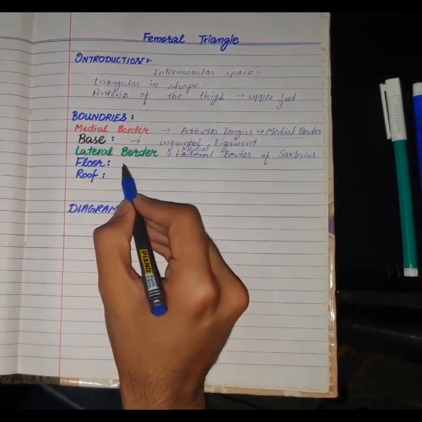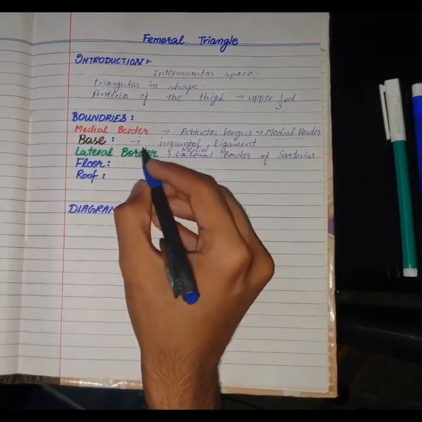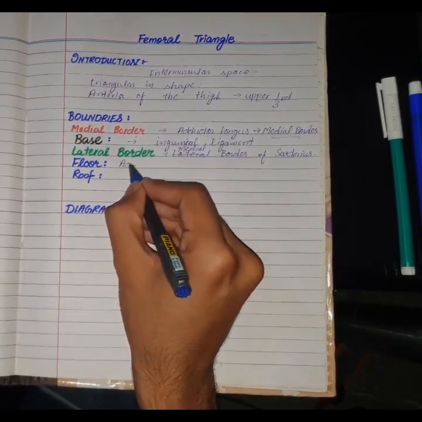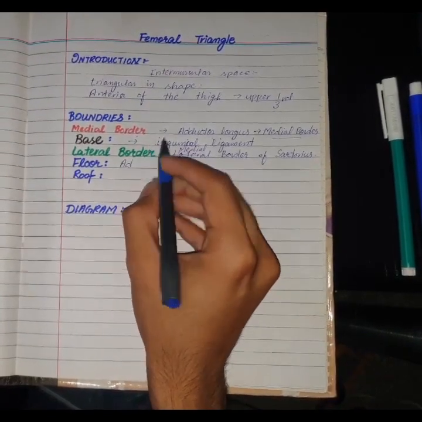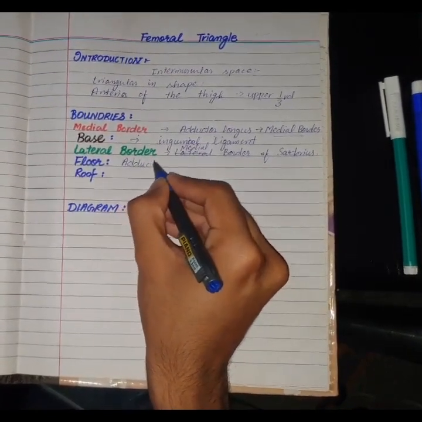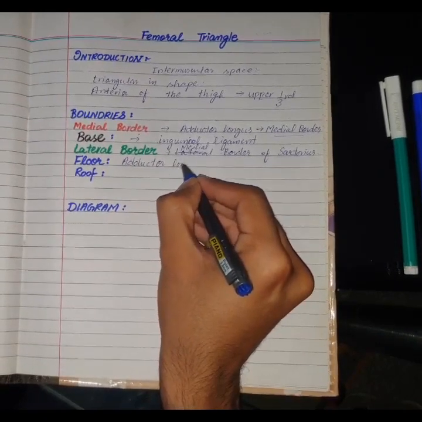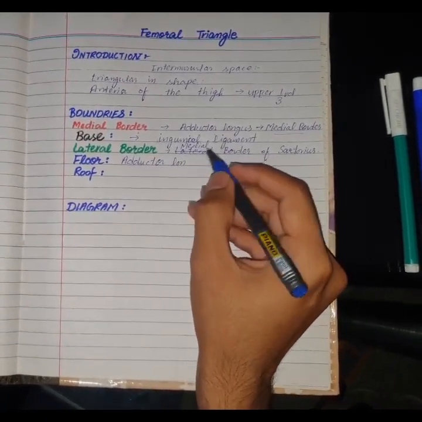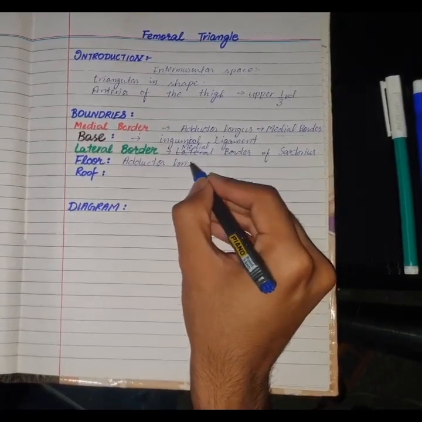So floor of the femoral triangle is formed by 4 muscles, and the adductor longus itself forms the floor of the triangle. Adductor longus not only formed the boundary but it also formed the floor of the femoral triangle most medially.